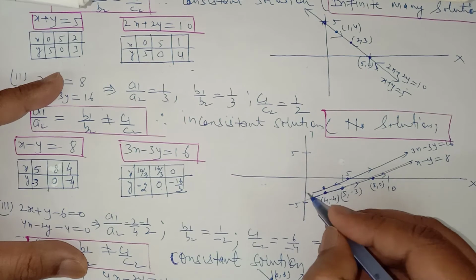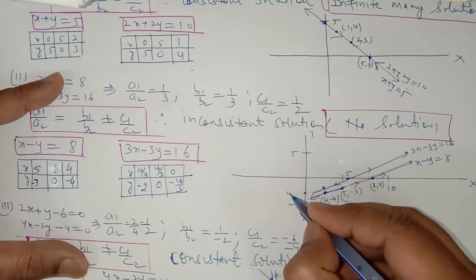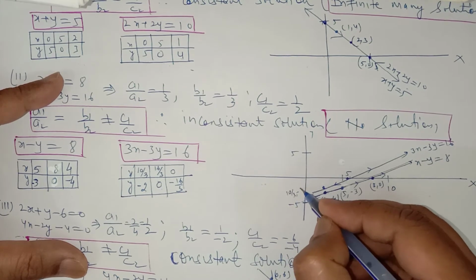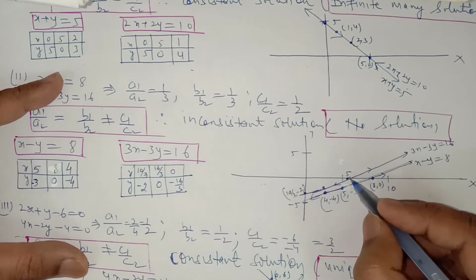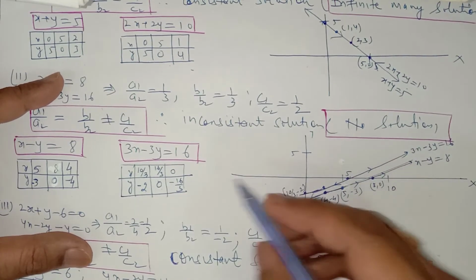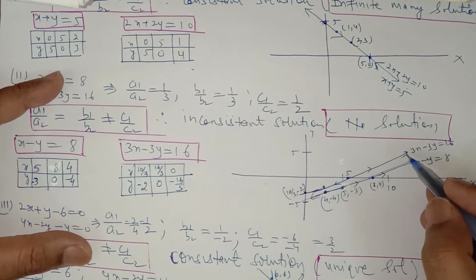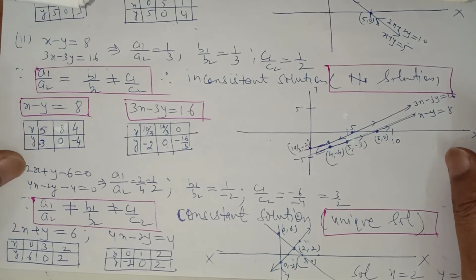This x is 10 upon 3 and y will be minus 2. This is the point. You draw the graph, and (0, minus 16 upon 3) will be this. You mark this on the graph paper, you'll get parallel lines.